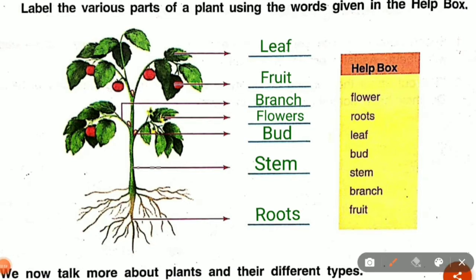So this is leaf, and the next one is fruit, and the next one is branch, the next one is flowers, the next one is bud, and then comes the stem. The last one, which goes below the soil, is roots. So you all mark this in your book. Good. Now let's carry on with the lesson.